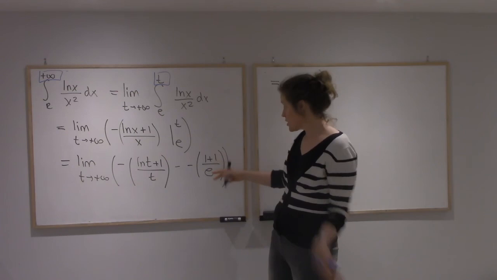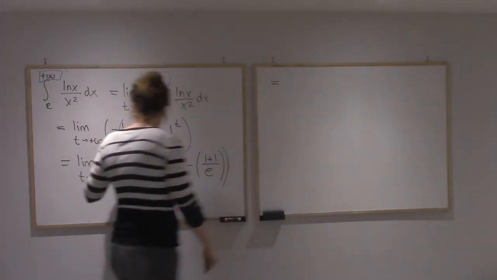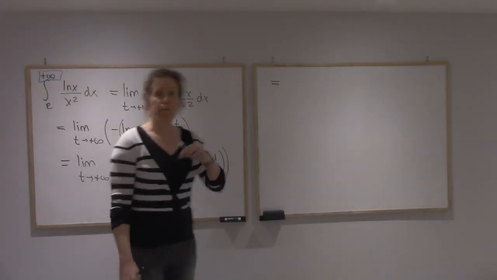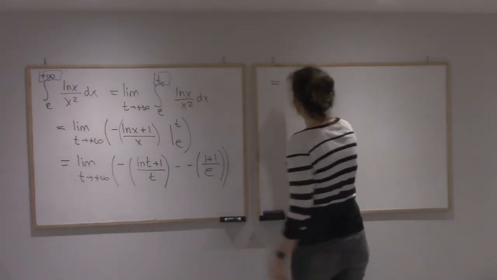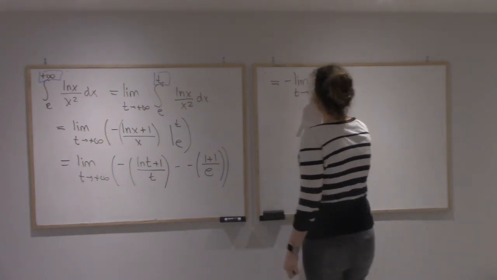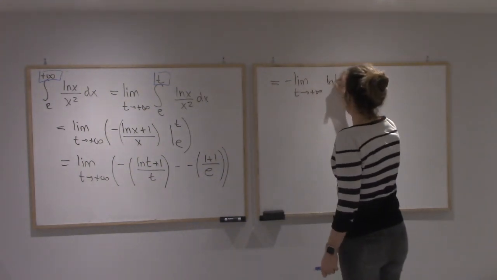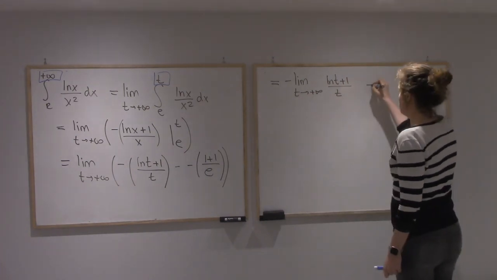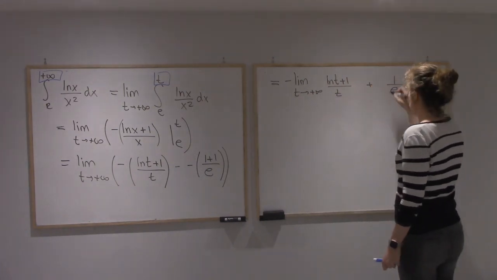This is just a constant, so it doesn't need the limit. If I plug in infinity, I get infinity over infinity here, so I'll be using L'Hopital for that part. So let me split it up into two different ones. I have log of t plus 1 over t, and I have plus 1 over e.